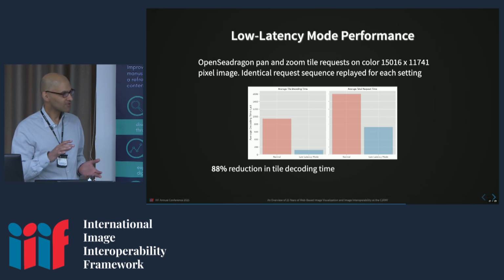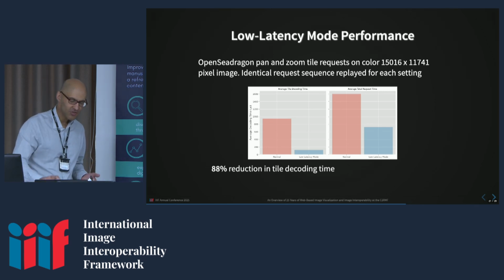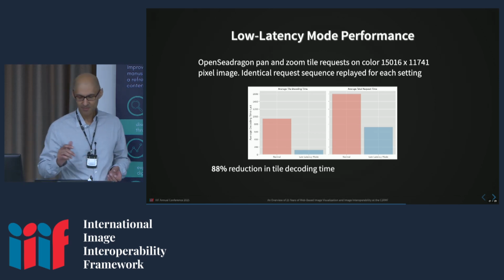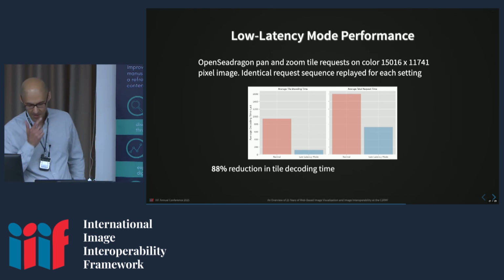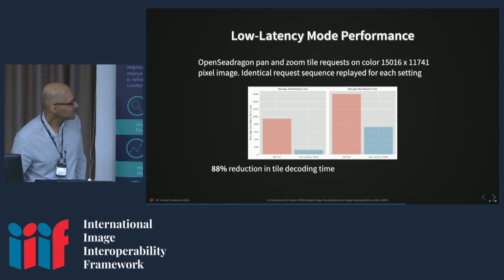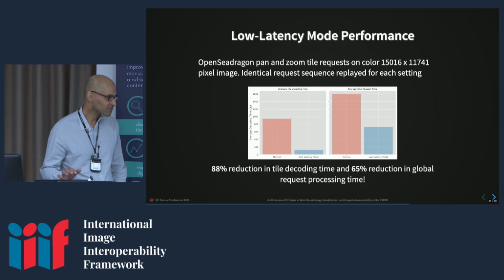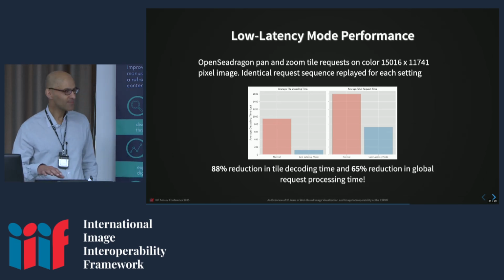Of course, tile decoding is not the whole picture, because if you look at the whole processing time, there are other things happening. So on the right, you're looking at the entire response time from initial sending of your request to receiving the result. But even here, you get a 65% reduction in processing time. So this is the average processing time on a pan and zoom of that image.